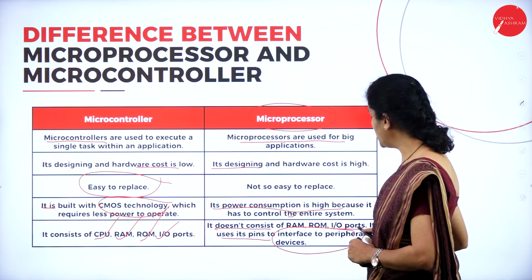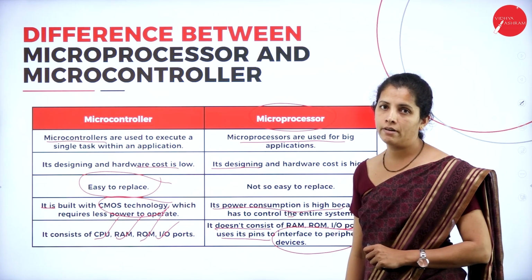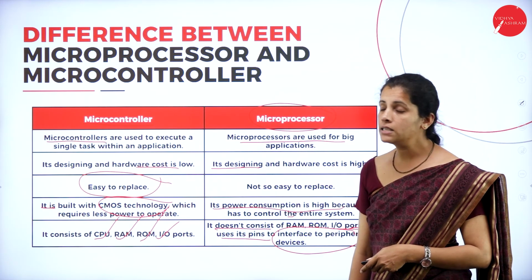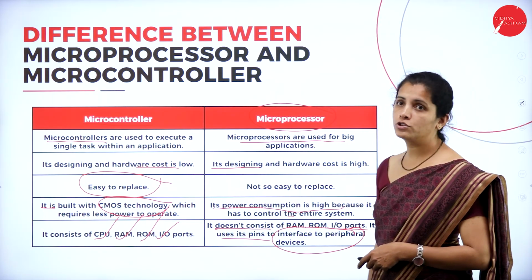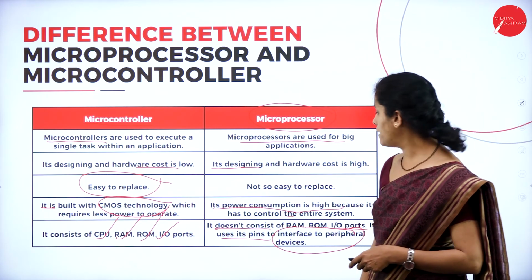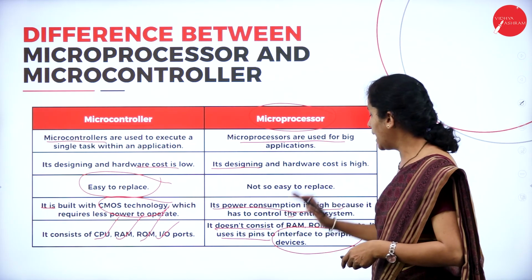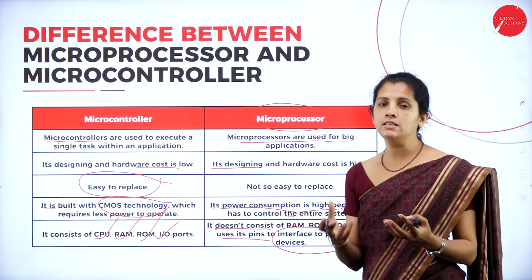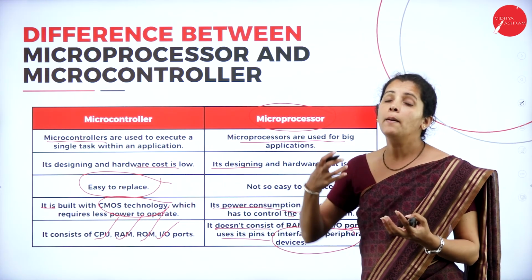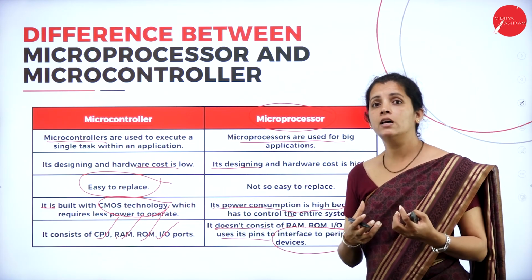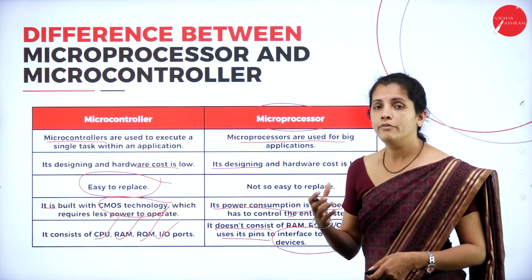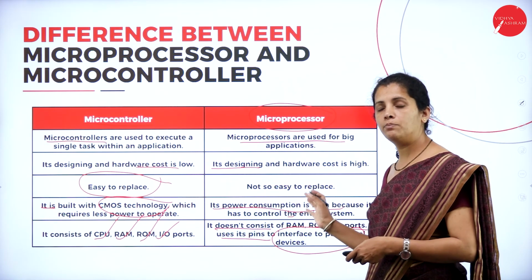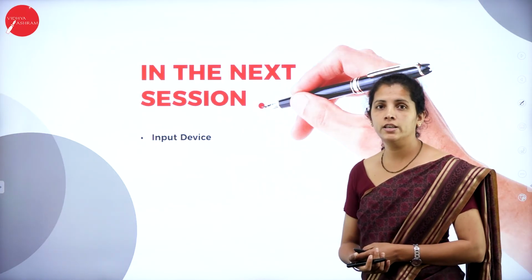That is nothing but the input and output device. To connect with our input device, the microprocessor has pins. With the help of the pins, we get the interface. That means we use the pins as an interface in order to connect to the peripherals. So what are peripherals here? That is nothing but the input device as well as the output device.